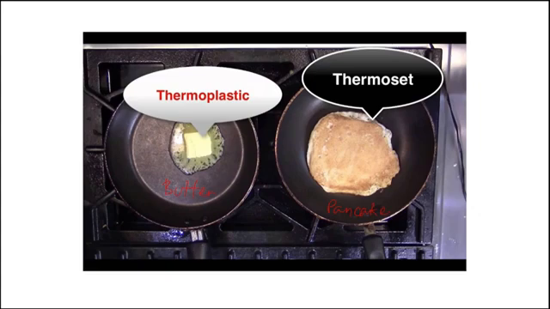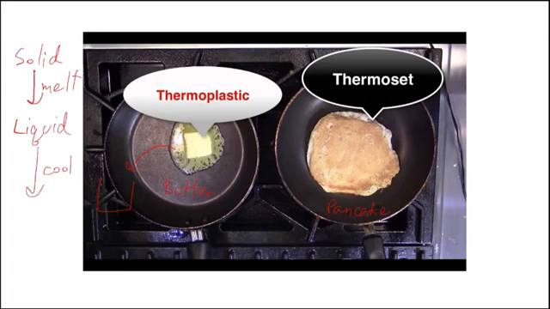At the beginning, the butter in the atmosphere is in the solid form, and after you heat it up, it will melt like the liquid that you can see in the picture. And after that, if you pour that liquid into some container and let them cool, you will get the butter, but in a different shape.